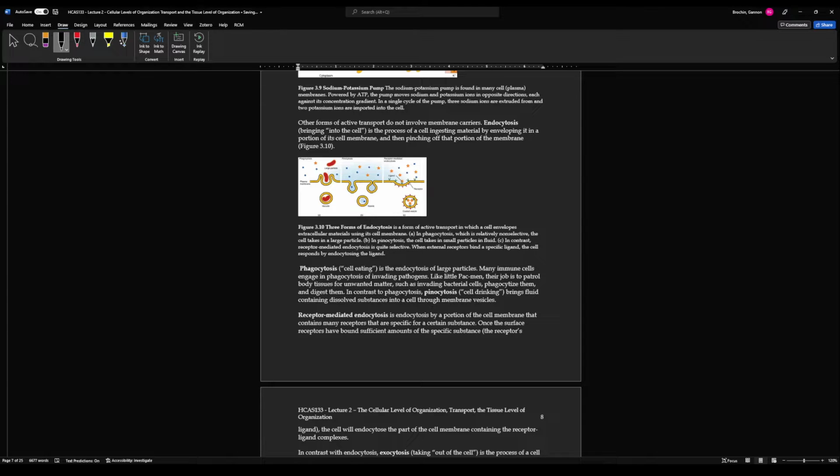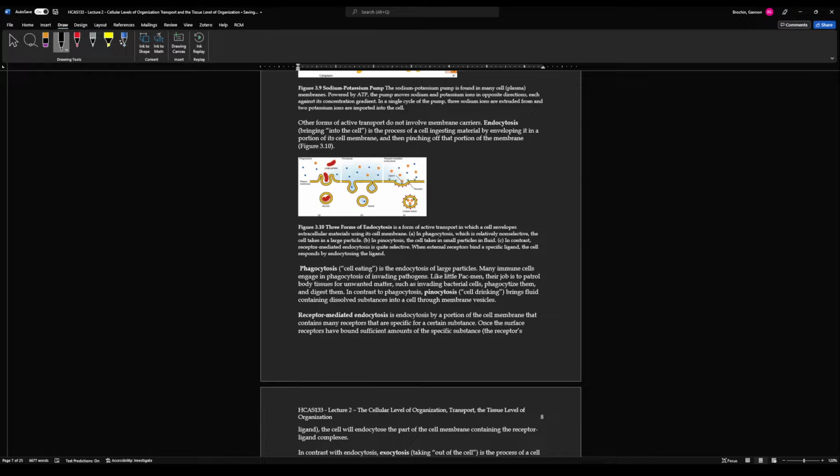So these guys, they find a substance that isn't identified as us. So remember, let's just say there's a bacteria floating along in the bloodstream and it doesn't have that glycoprotein on it that says, hey, I belong here. So the white blood cell essentially targets it and eats it, quite literally.